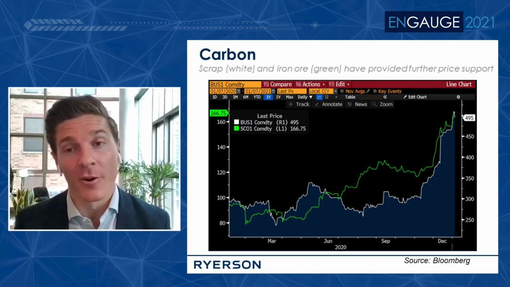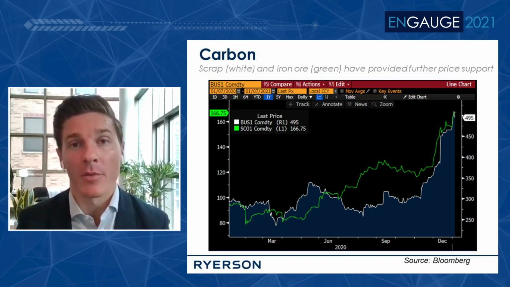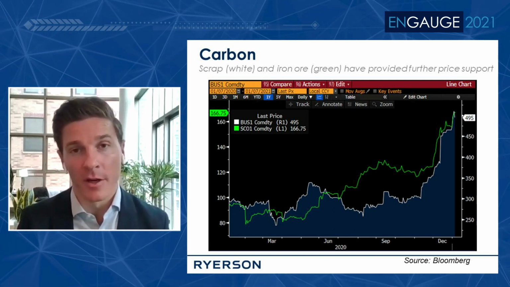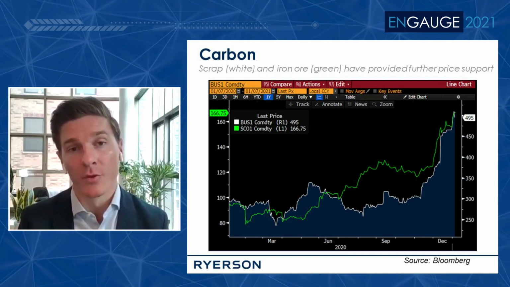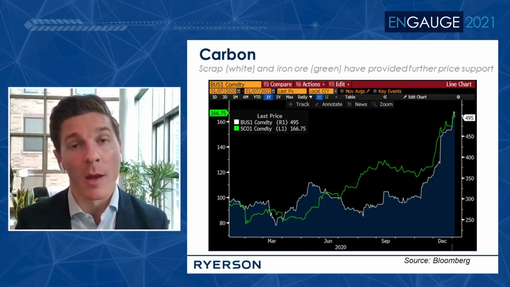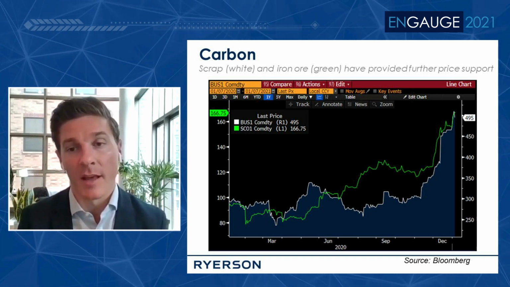But what are they doing in turn? Well, in the last couple of weeks, they've lifted their scrap import ban. So for the last several years, China was very, very cognizant of the fact that they did not want to touch the import market for carbon scrap. They wanted to be very reliant on their own internal demolition projects and things like that.